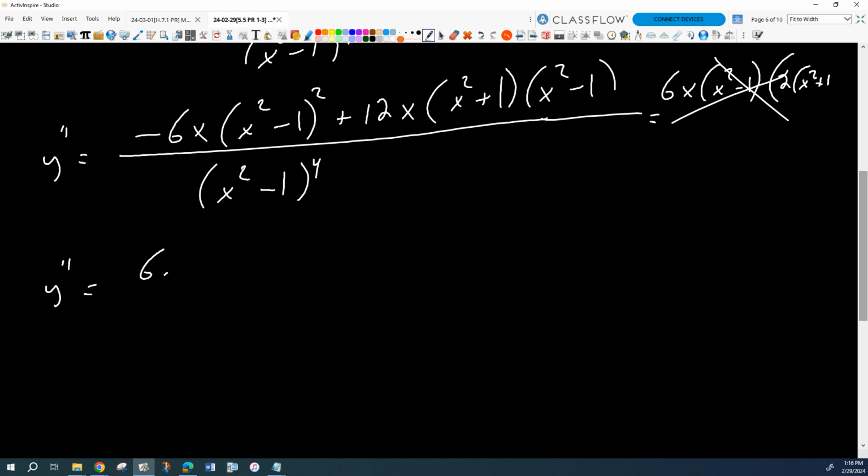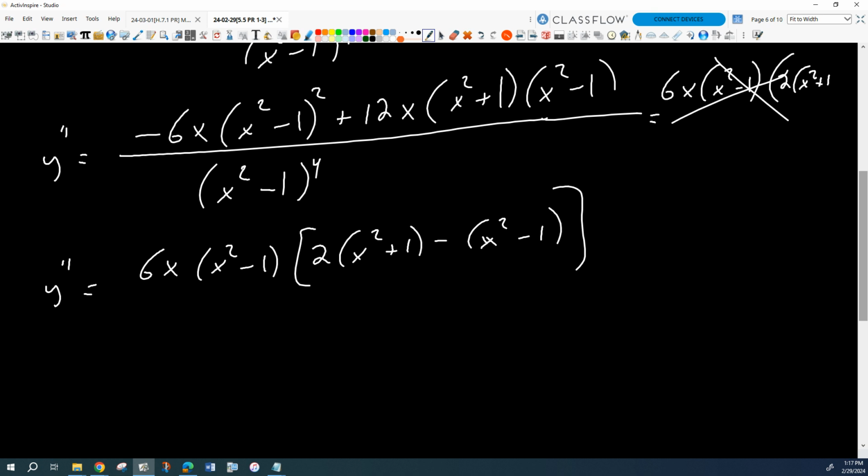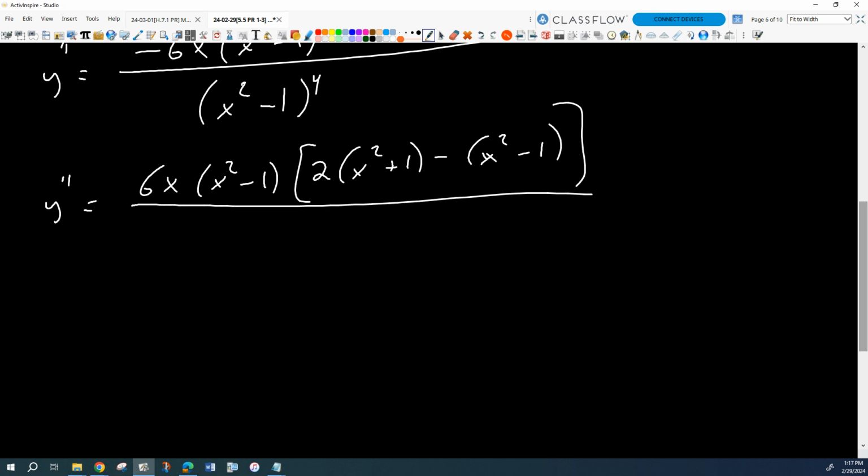So we got 6x times x squared minus 1 times what's left behind: 2 times x squared plus 1 minus x squared minus 1, all over x squared minus 1, and then we can do it to the third because we can cancel out one of those on top. Everybody with me? It's looking a little better.